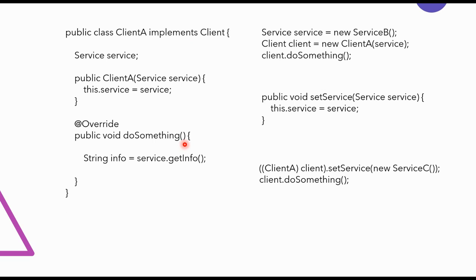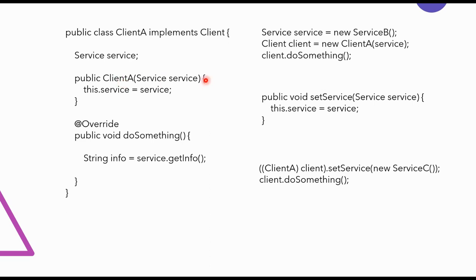So what happens here is that when class Client A implements the client interface, it can receive a dependency in two ways. Class A now implements the client interface and uses the service interface instead of the concrete Service B class. In this case, the actual service implementation is injected into the class via a constructor, so it's called constructor injection.